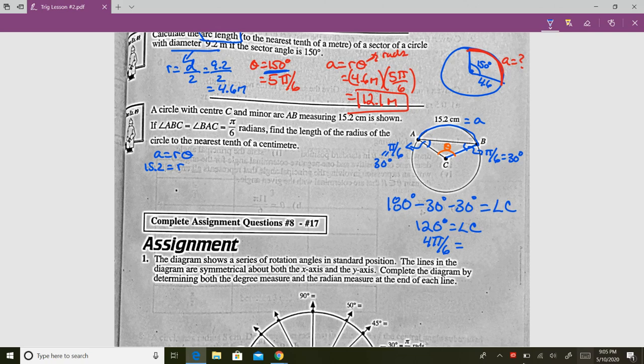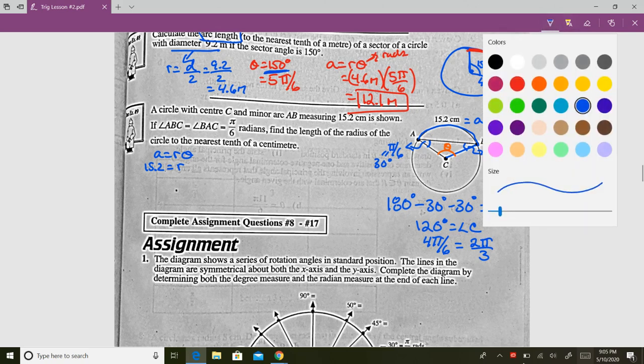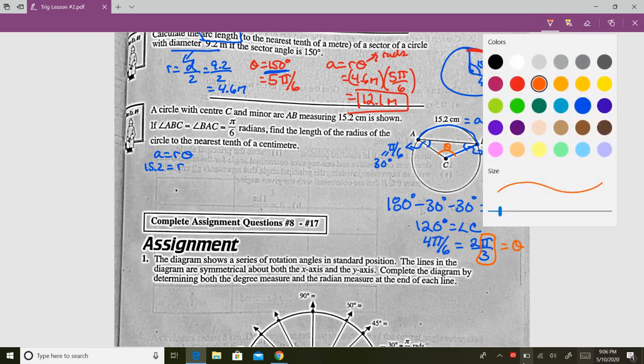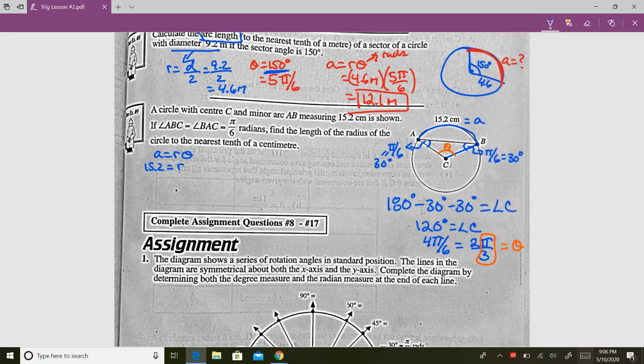Which would reduce to 2 pi over 3. What's pi over 3? That's 60 degrees. This is two 60-degree angles, so you could have done it either way to get there. So this is my theta, 2 pi over 3.